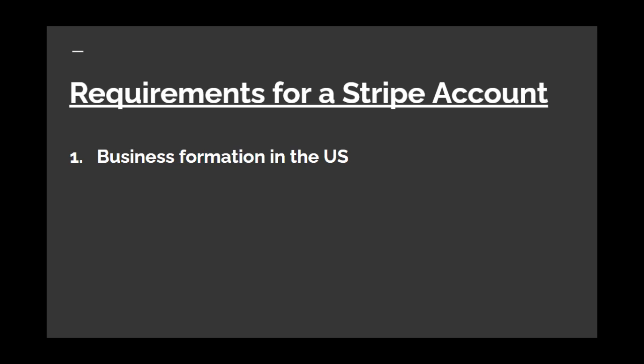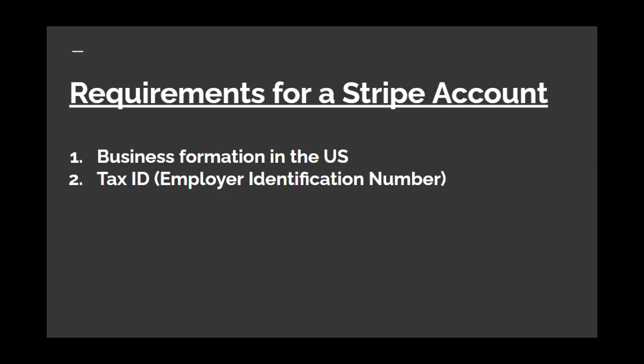So, one, you'll have to form a business in the US, and that business should be a limited liability company. In the next video series, I'll be showing you how to form a business in the United States. Number two, for you to be able to get a Stripe account, you need the tax ID or the EIN.